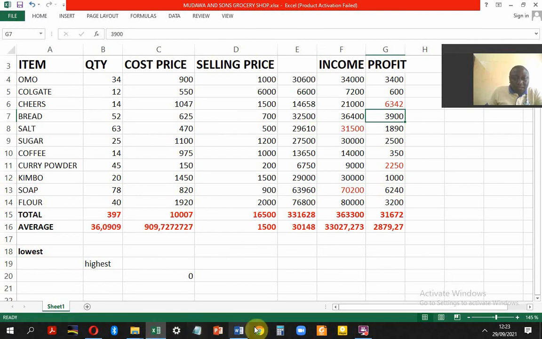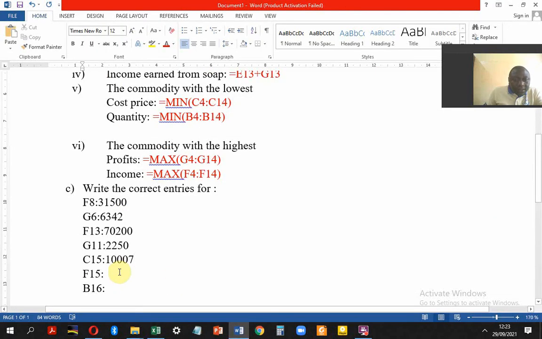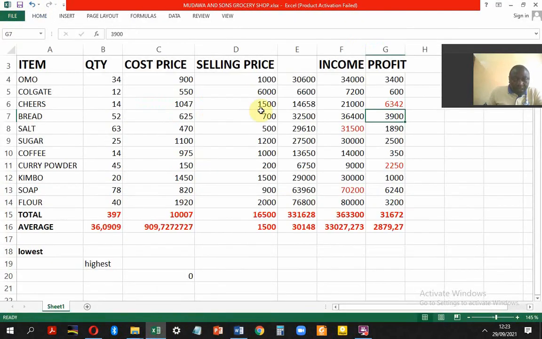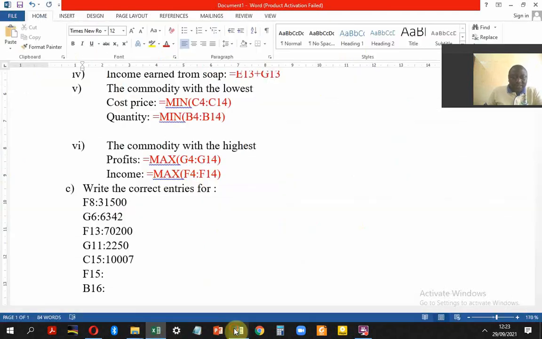We have now the second last. F15 is 363300.